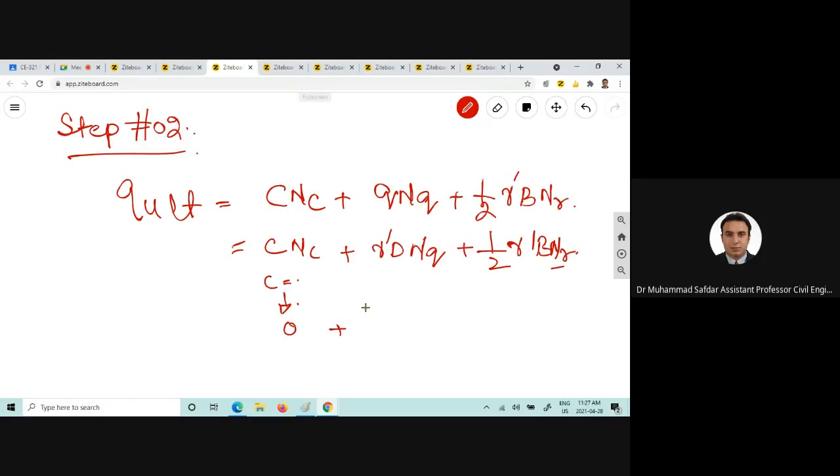Agreed? Yes. Now, sir, the unit weight for the second term would be 17, and D is equal to 0.7, and the NQ value is 81.3.